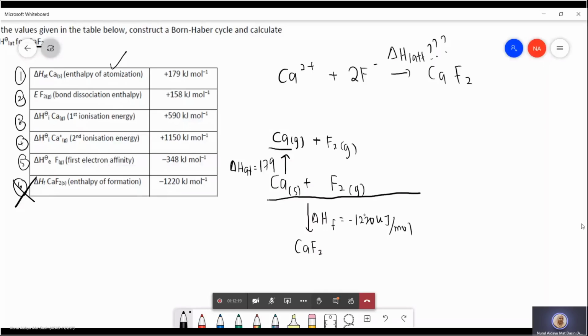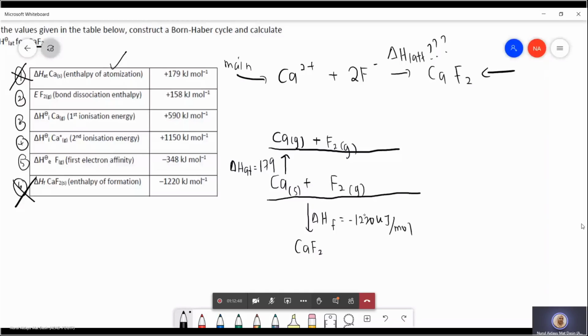Alright, we have used this, so cross it out. Now we have Ca gas. So Ca can undergo first ionization energy. This is the main route, the main target that we want to achieve: Ca2+.